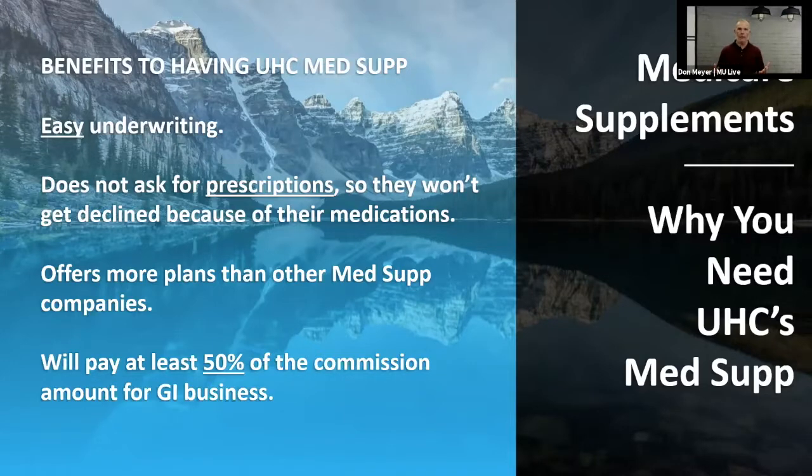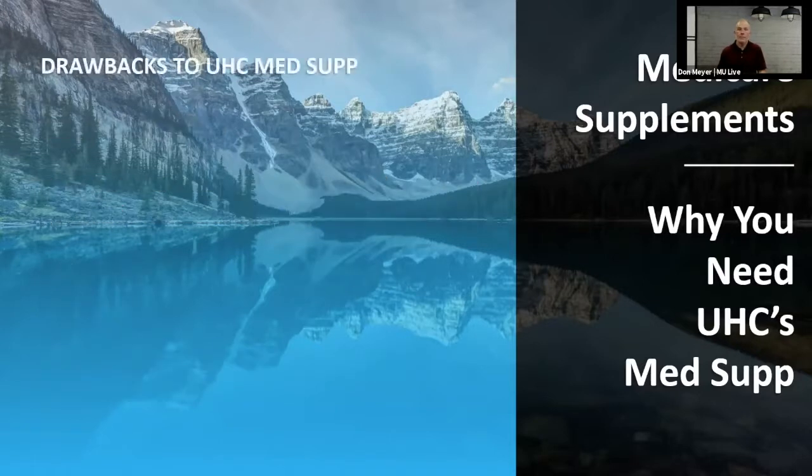So moving from an area and losing your Medicare Advantage plan does give you a guaranteed issue situation for a Medicare supplement. So in that case, it's guaranteed issue, no health questions, and for most states, no commission. But one of the benefits of United Healthcare is they pay at least 50% of the commission on all guaranteed issue business. So that's another benefit to having this company.